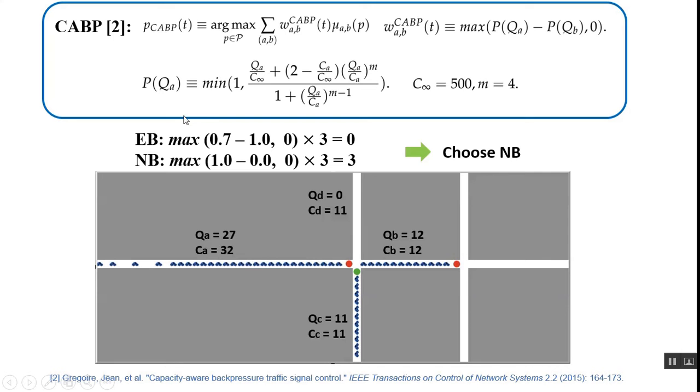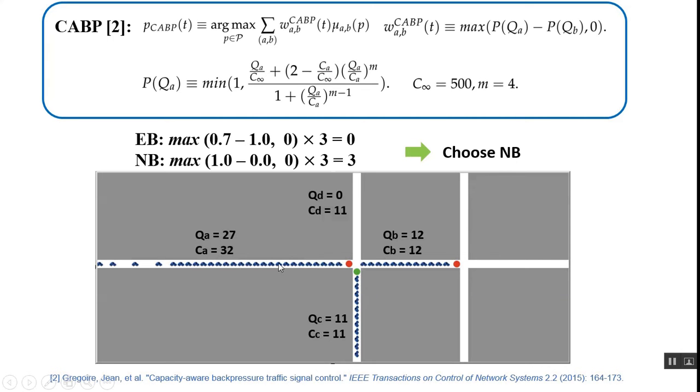So PQA is a function of QA as shown here. We have QA still the queuing vehicles at arc A, and CA is the maximum number of vehicles that arc A can keep.